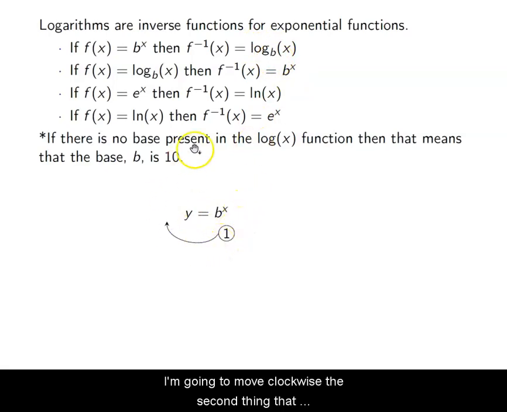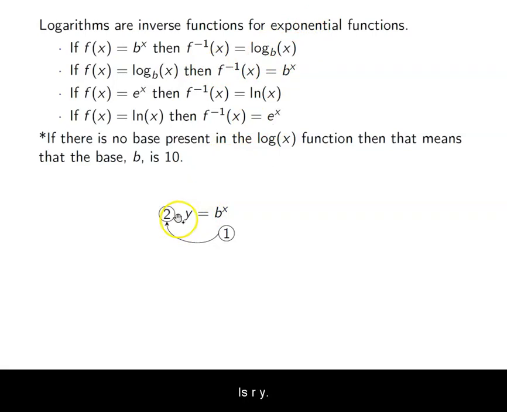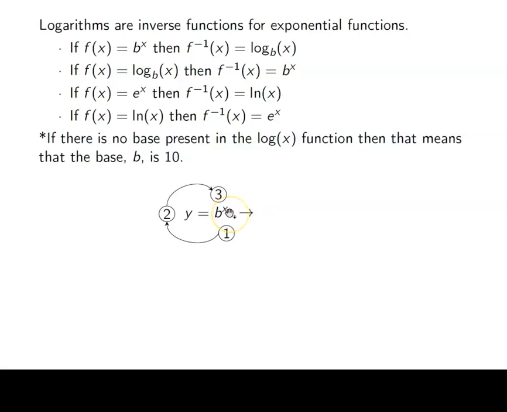And we're going to move clockwise. The second thing that appears in the log form is y. So what's going on inside of here is our y. And then the last thing that you're going to see equation-wise is this x. So log base b of y equals x.